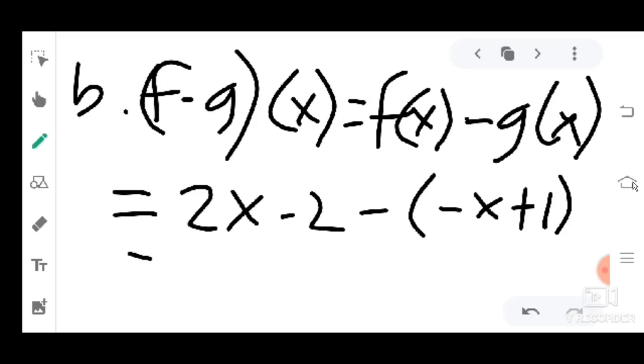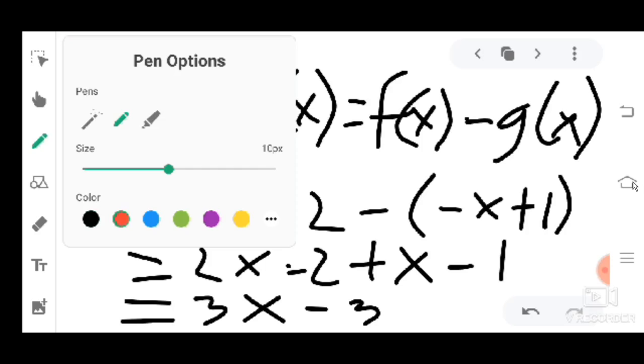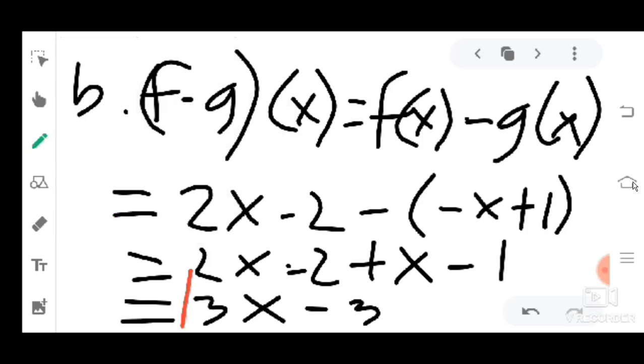So it is now 2x minus 2 plus x minus 1. Combine like terms, so this 2x plus x is just 3x, while this negative 2 minus 1 is negative 3. It means the answer in letter B is 3x minus 3.